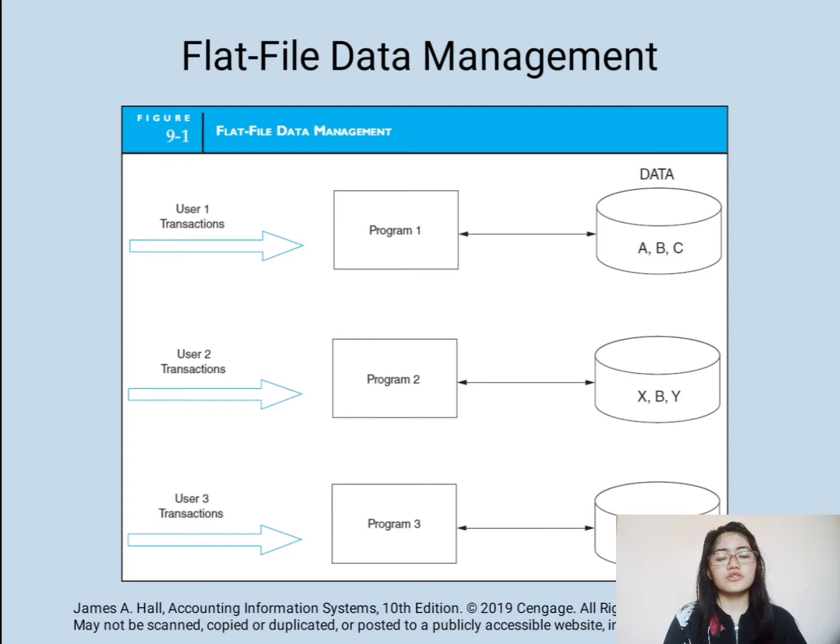Data B appears in every user's files, whereas with an organized database management system we could come up with a system that contains all of this data. Also, each of the users has their own program. What if they are the same program, but each user keeps it individually and all the programs are redundant? That is a disadvantage of flat file.